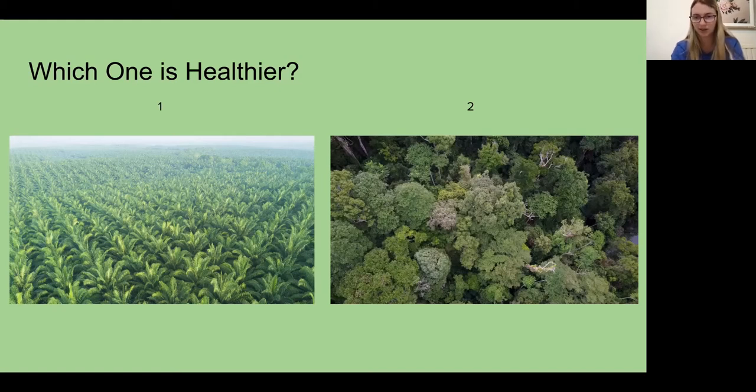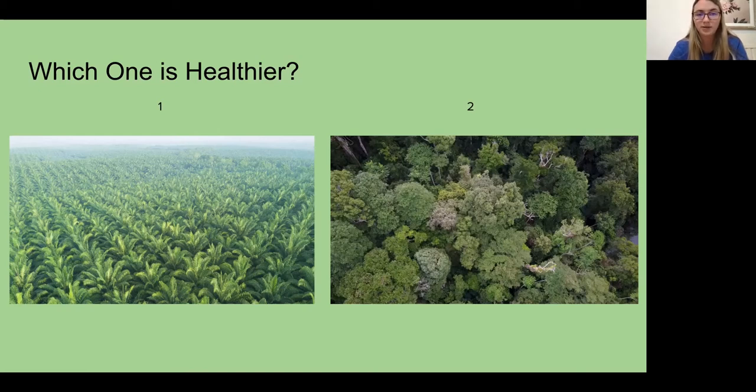We don't know if there's seedlings or saplings or any younger diversity in photo number 2, but we can see that it has a high biodiversity based on the different types of trees that we're seeing here and the different colors and the different shapes. We can make the assumption that photo number 2 shows a healthier forest than photo number 1. And that's just based on observations that we can make about size and coloring and shape, even if we don't know these types of trees.